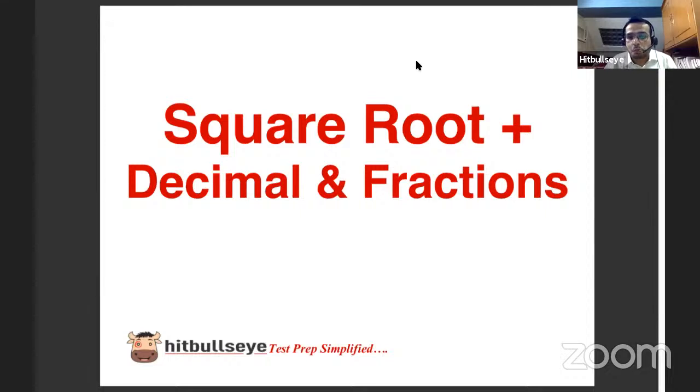So let's get started. The first thing that comes to my mind when we talk about square root, decimal, and fractions is that we should have a clear understanding of the square root, how to find the square root of any given number, and the decimal or percentage to fraction conversion, and fraction to decimal and percentage conversion.